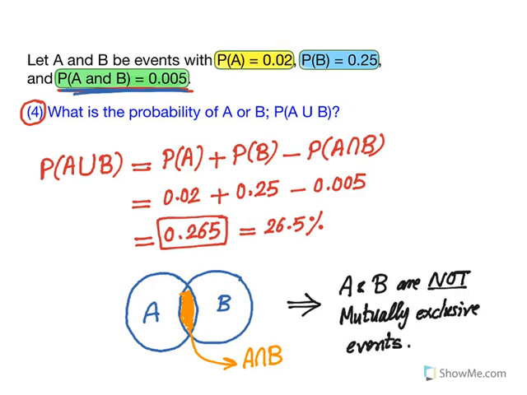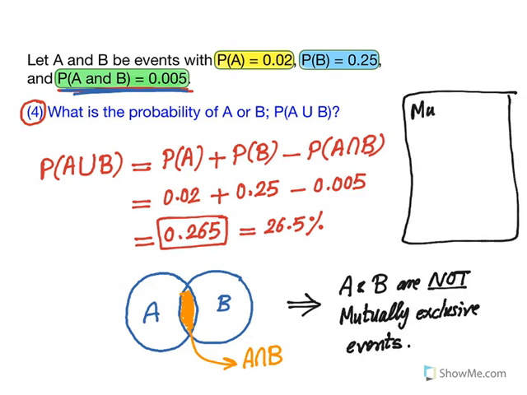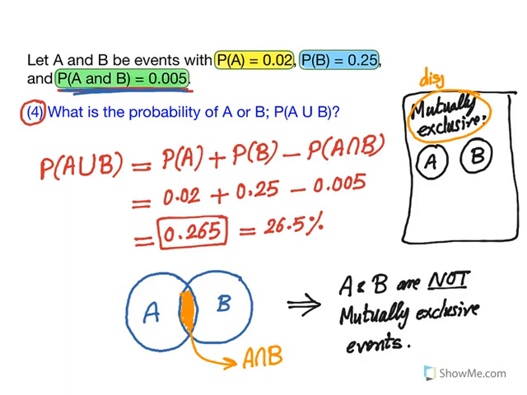You could ask, when are they mutually exclusive? I will just tell you here. Mutually exclusive means that A and B are separate from each other. They don't have any intersection. So this is why some people, instead of saying mutually exclusive, they say disjoint events.